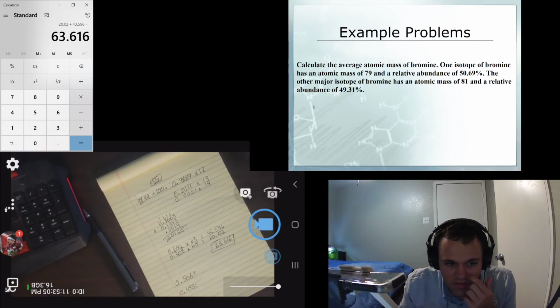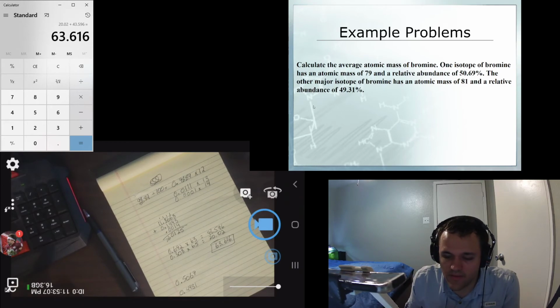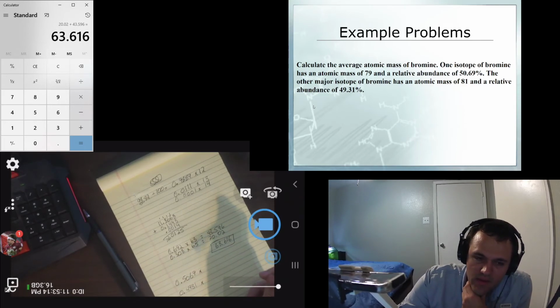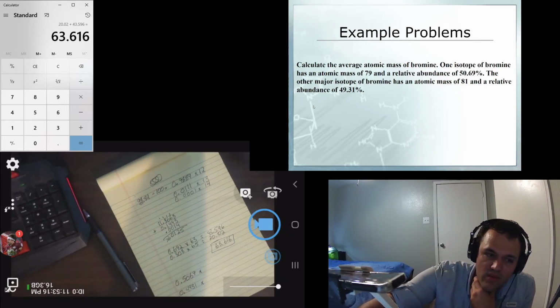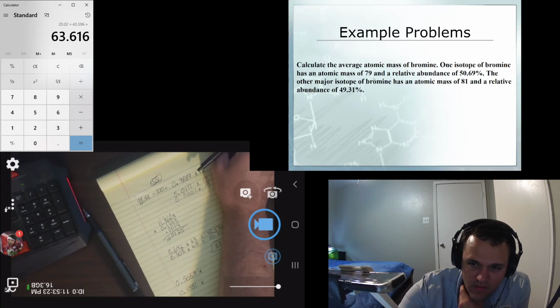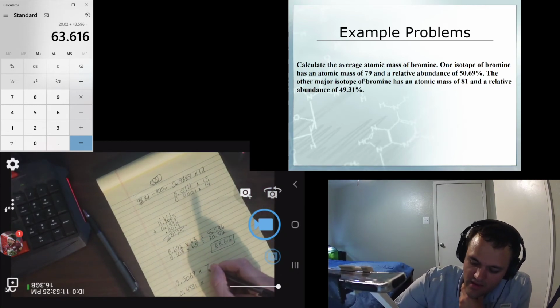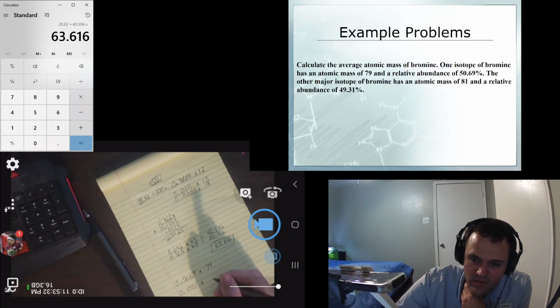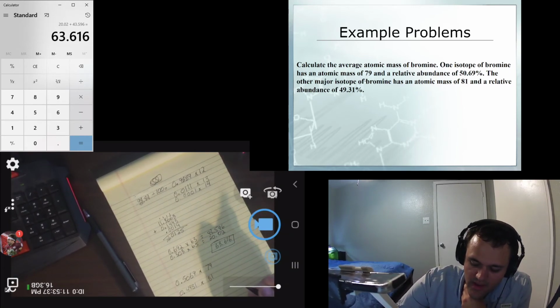All we're doing is moving that decimal point 2 to the left. Then we multiply each one by the mass they go with. The 50.69 is the abundance for the isotope with a mass of 79, so we multiply that by 79. And the 49.31 is for the isotope with mass 81, so you multiply that by 81.